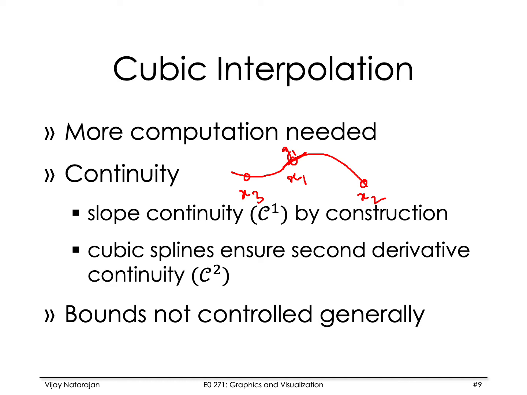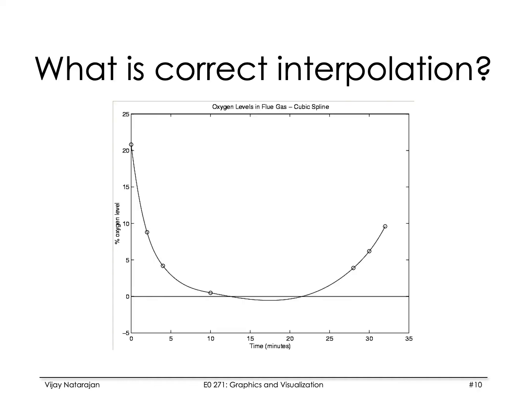One drawback of cubic interpolant is that the bounds are not necessarily controlled. So here is an example where this fails miserably. To read this out, on the x-axis you have time, and on the y-axis you have the percentage of oxygen level measured in some experiment.